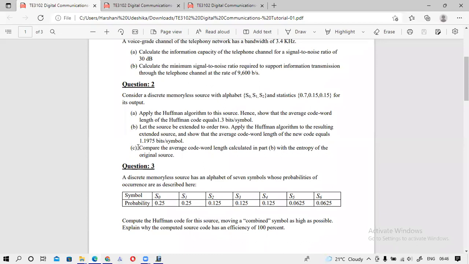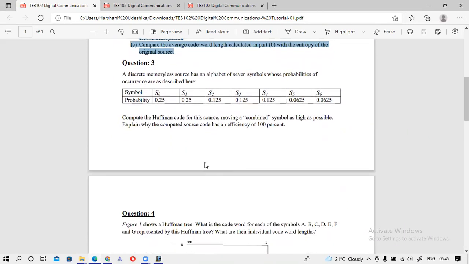I think you can calculate these using the given condition and given equation. Please remember those. I think someone has a problem with question 3. So question 3, I think you can do it.